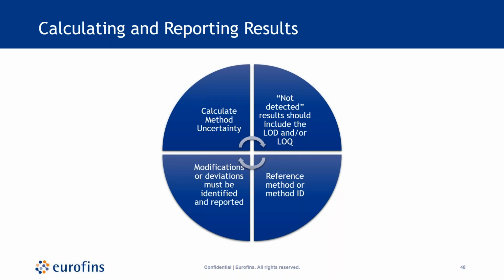So this finally brings us to calculating and reporting results. Some very important details here. After the validation is complete, you should have some data that's appropriate for using to calculate method uncertainty. We talked about measurement uncertainty earlier today, and there are many components that go into that.